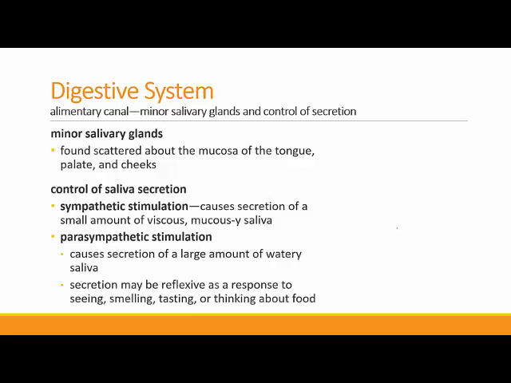What controls the secretion? Well, fight or flight stimulation is going to dry up the mouth. So imagine yourself giving your first public speech, and you get up there and you're all freaked out. Your sympathetic division of the autonomic nervous system is in full gear.